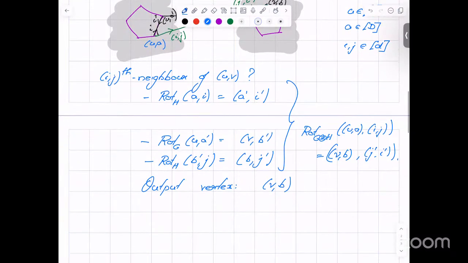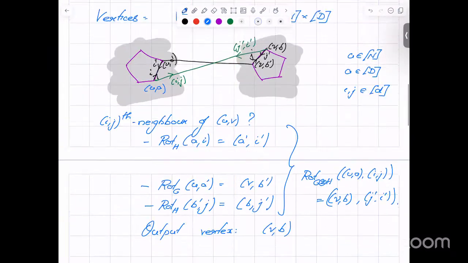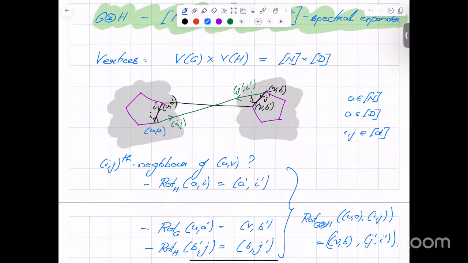So B prime. How do we know the B prime? It is the A prime neighbor of U is B. There's a nice thing: the capital D, which is the degree of the G, is also the identity of the vertices in the small graph.